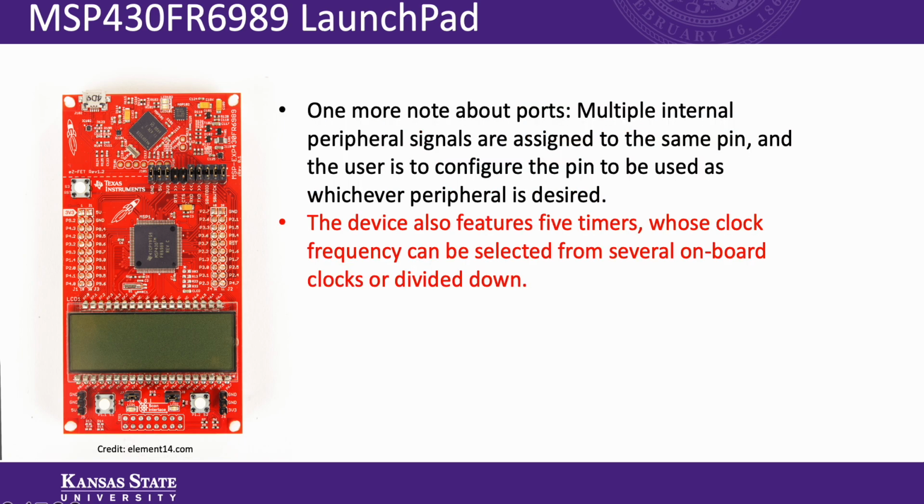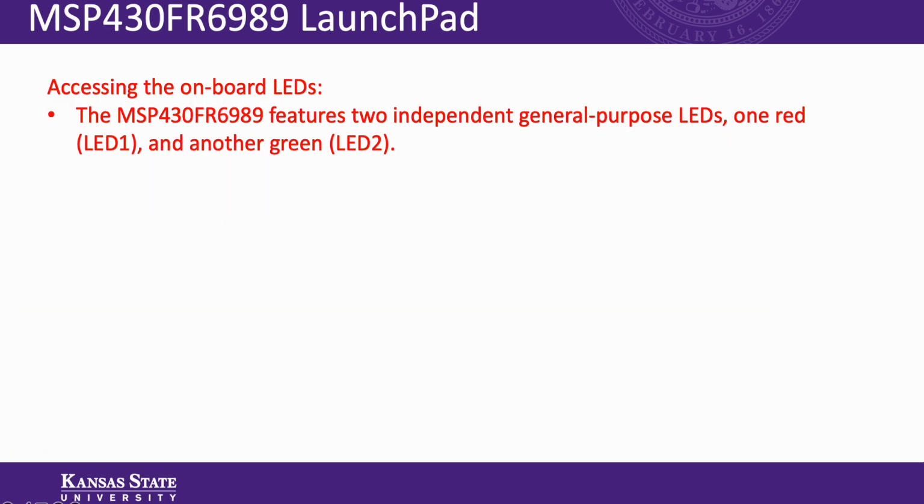The device also features 5 independent timers whose clock frequencies can be selected from several onboard clocks or divided down. As we said earlier, the LaunchPad contains 2 independent general-purpose LEDs, one of which is red and the other green.